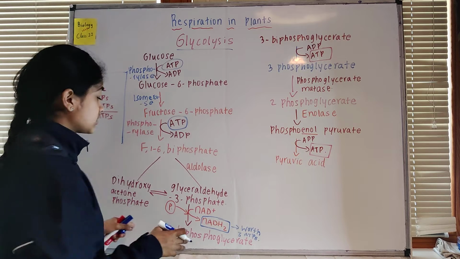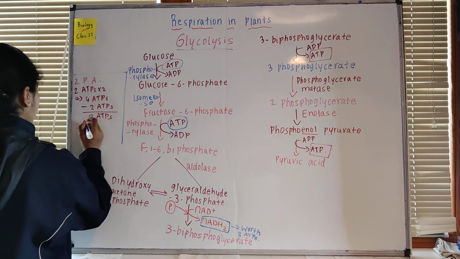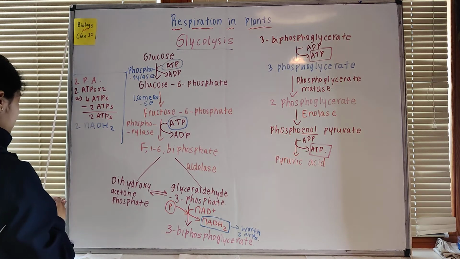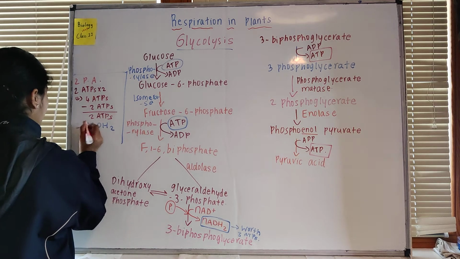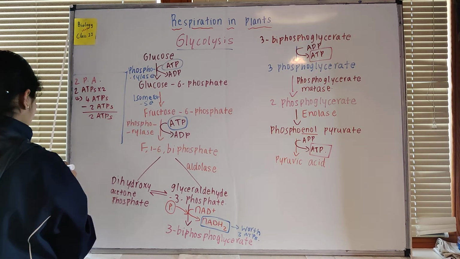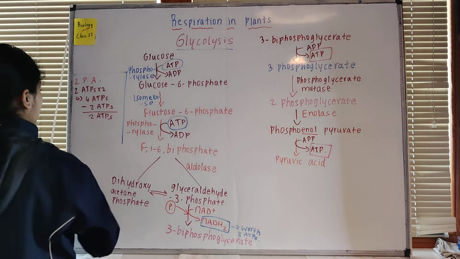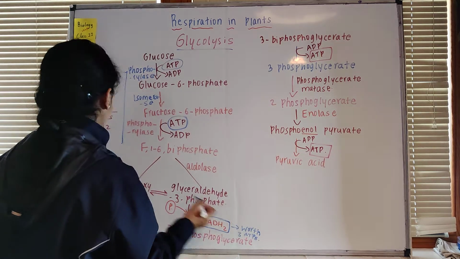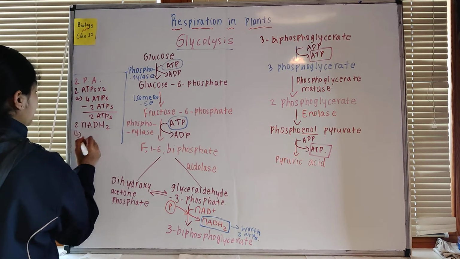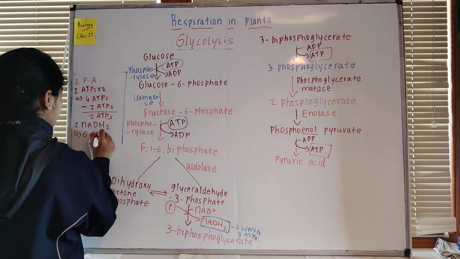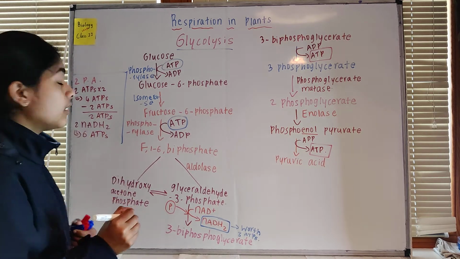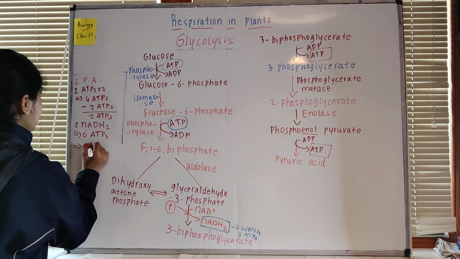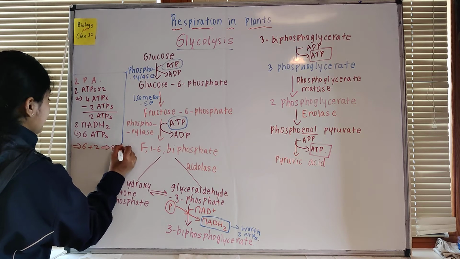So 2 NADH2 are synthesized, and we know that each one is worth 3 ATPs. So 3 times 2 is 6. So 6 ATPs are synthesized here. Now, if we add 6 ATPs and 2 ATPs, 6 plus 2 gives us 8 ATPs.